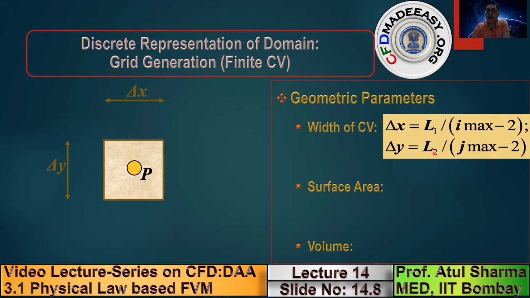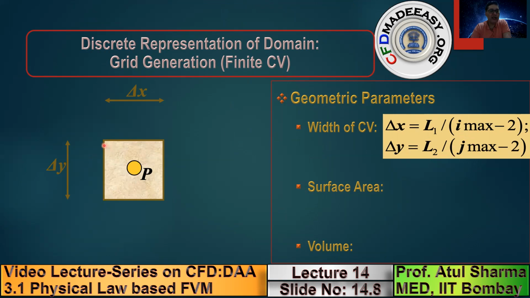So basically L1 and L2 we are dividing by 5, corresponding to the previous grid generation that I had shown. This is the general expression to calculate delta x, delta y. If you know L1, L2, and as a user you decide how many points you want to distribute. In the previous slide, I have taken I max, J max equal to 7. Once you know this delta x, delta y, you can get the surface area and volume of the control volume.